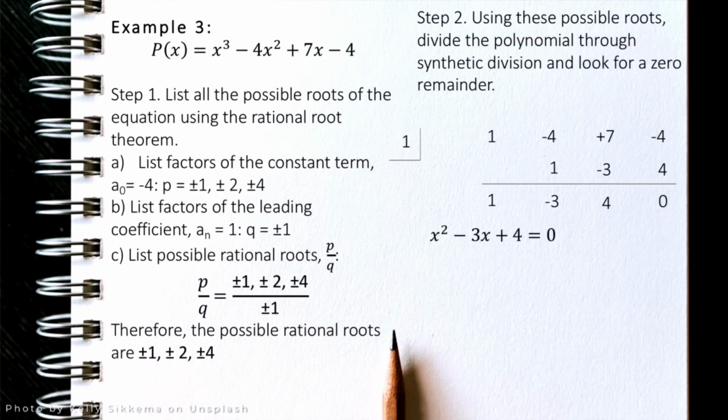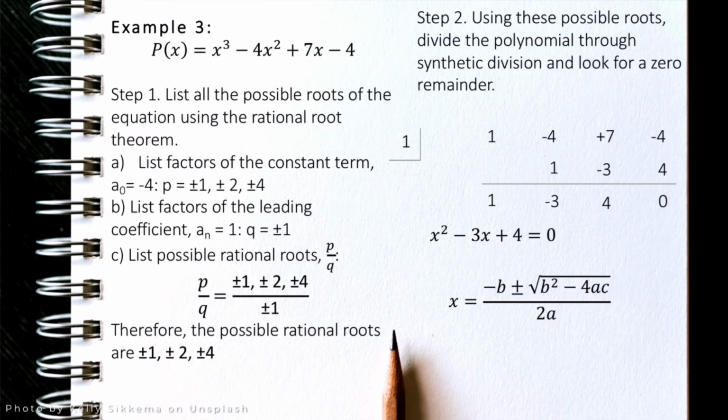Now, in this form, x squared minus 3x plus 4 is equal to 0. This is not factorable. Therefore, I'm going to use the quadratic formula. x is equal to negative b plus or minus the square root of b squared minus 4ac all over 2a.